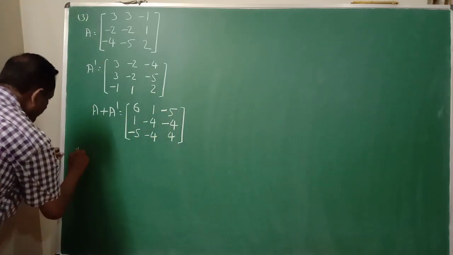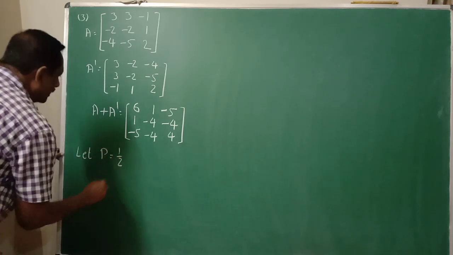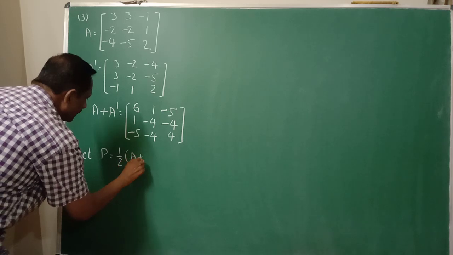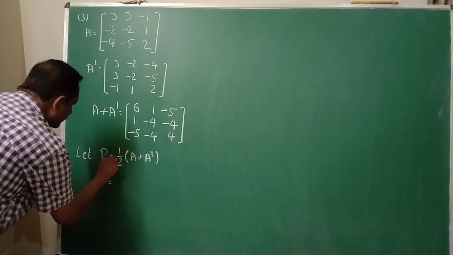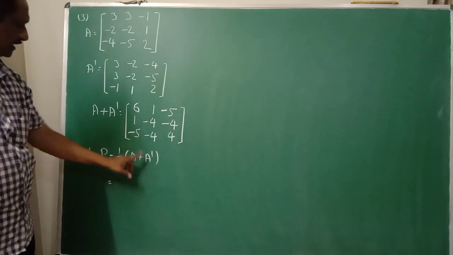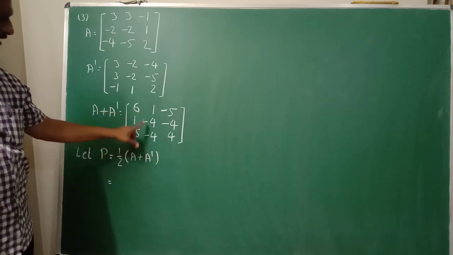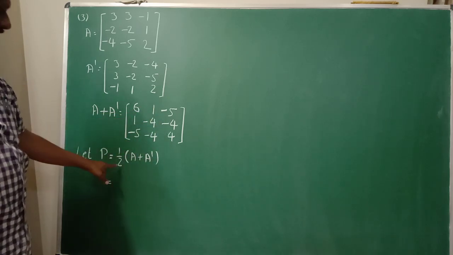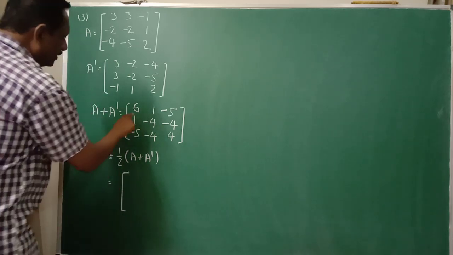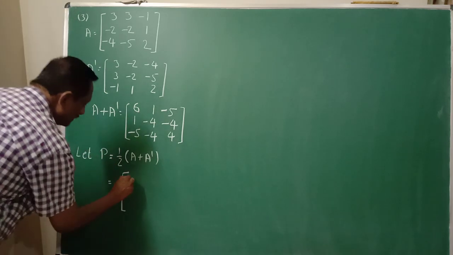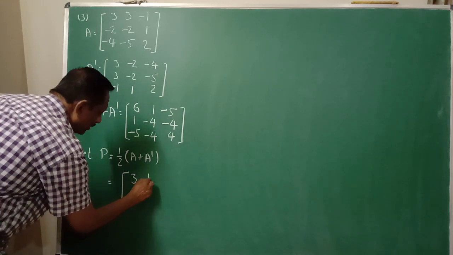Therefore, matrix P is equal to 1 upon 2 into bracket A plus A dash. So A plus A dash is this matrix here. Multiply each element by 1 upon 2. I am writing direct steps here. 6 into 1 upon 2 becomes 3. Then 1 into 1 upon 2 is 1 by 2.